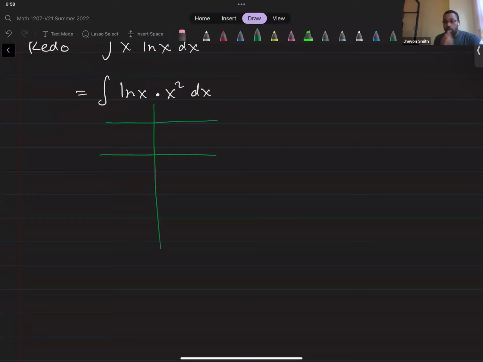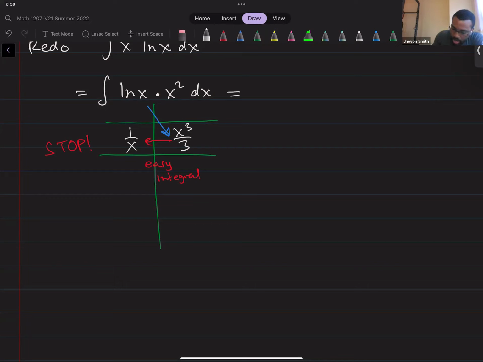So the derivative of ln x is 1 over x, and the integral of this is x cubed over 3. And notice that this here is an easy integral, because I will just need the power rule. So that's what tells you stop on the first line, right? So this one didn't need a repeated integration by parts, which means you're pretty much going to stop on the first line.